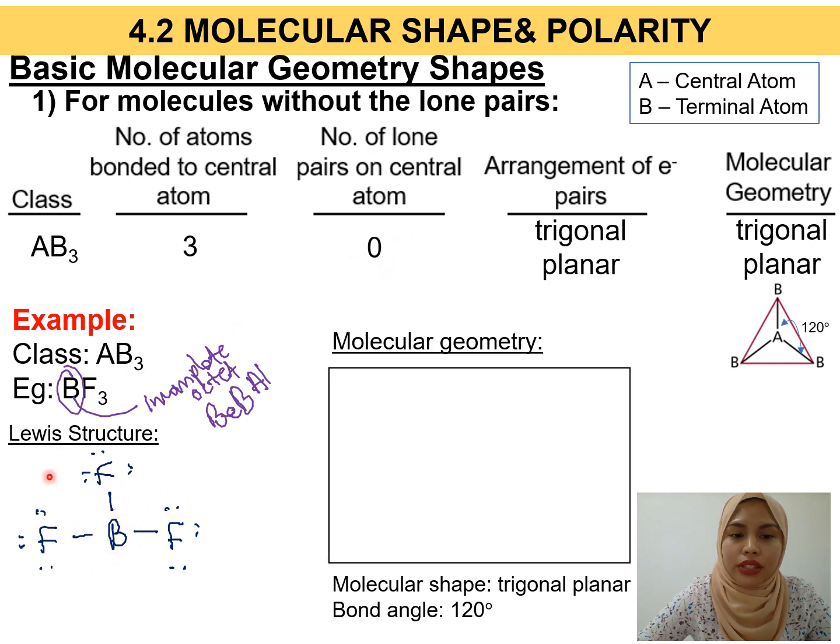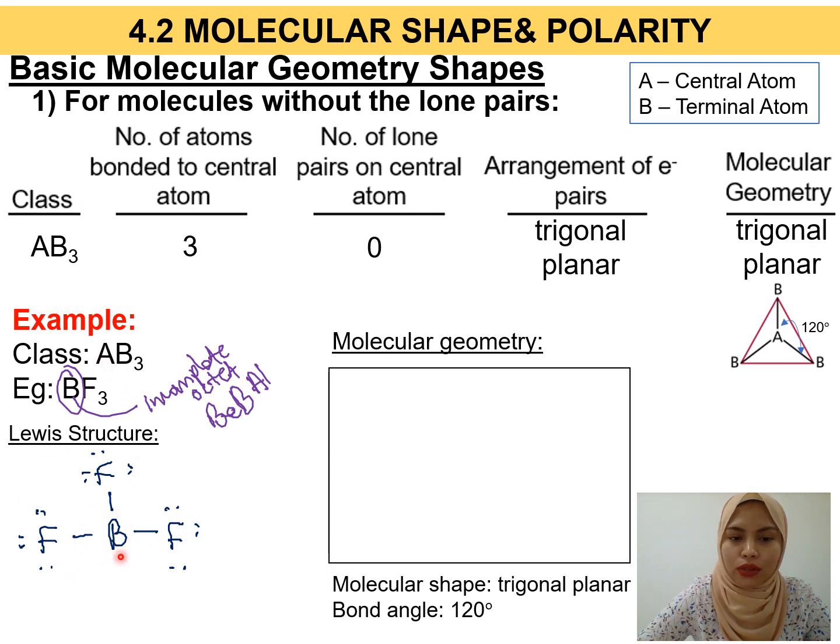So Lewis structure is not the shape of your molecule yet. So Lewis structure ni dia hanya menentukan di mana you punya central atom ni tiada langsung lone pair, makanya dia akan tergolong di dalam basic molecular geometry shapes. So dia tergolong di dalam kelas AB3 because dia hanya ada satu central atom.